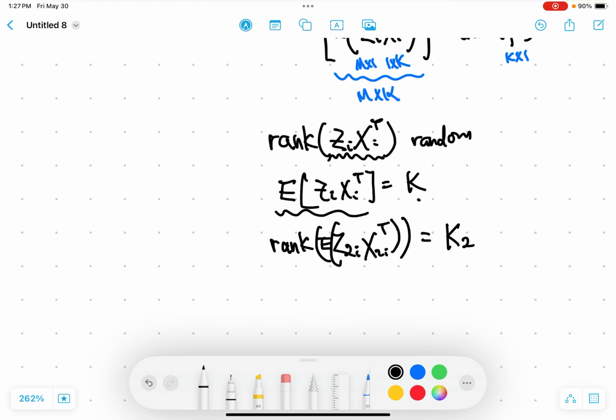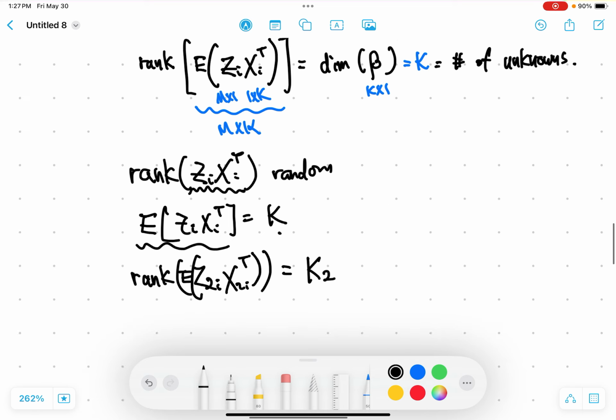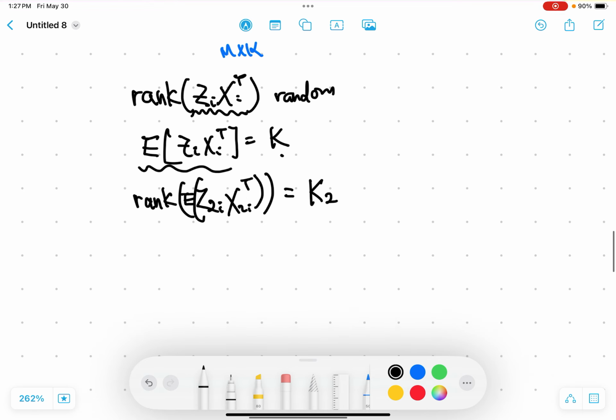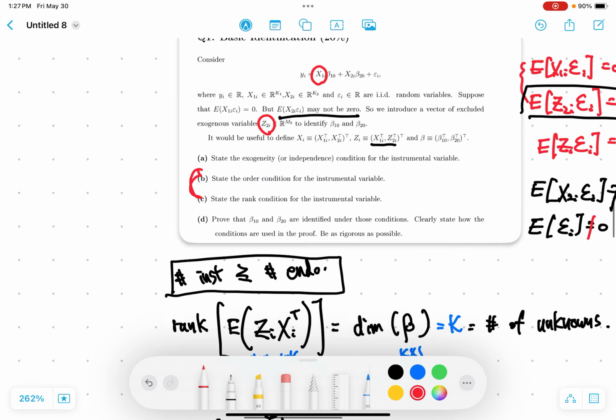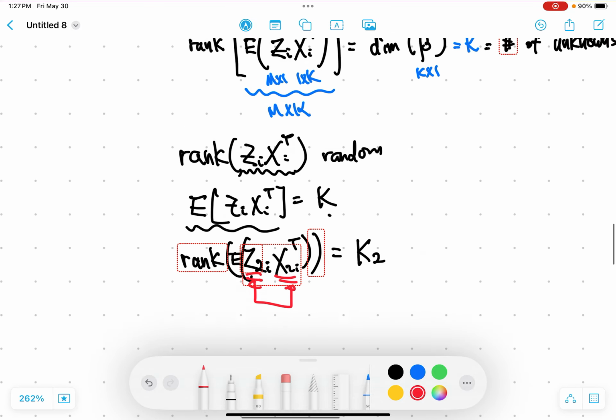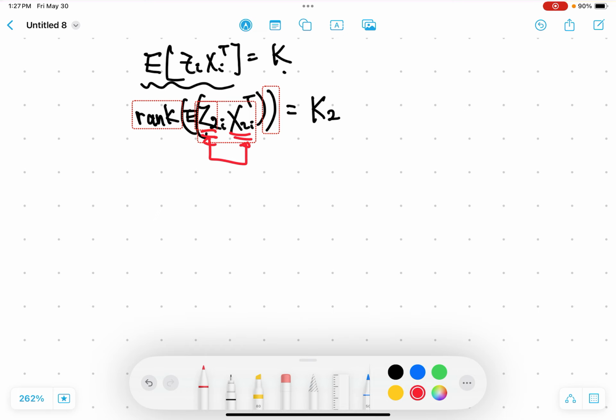Okay, I understand what it means, right? You are only looking at the relationship between the instrument and the endogenous variable, ignoring x1, because x1 is exogenous and does not have any problem.